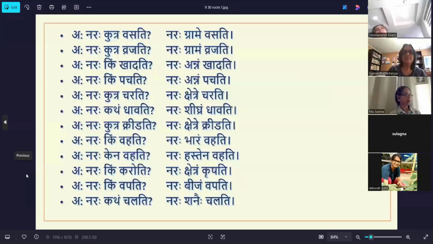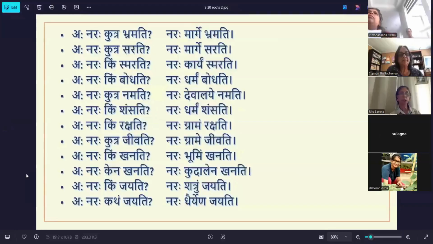Kshetram Krishati means he is plowing the field, from Krishi. But the other one said to draw, to pull.